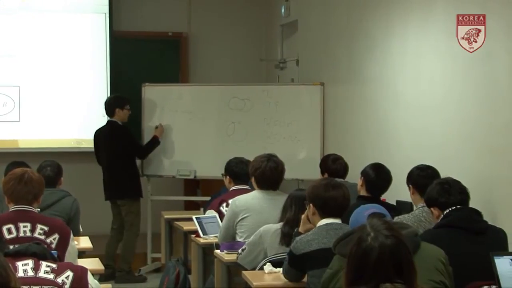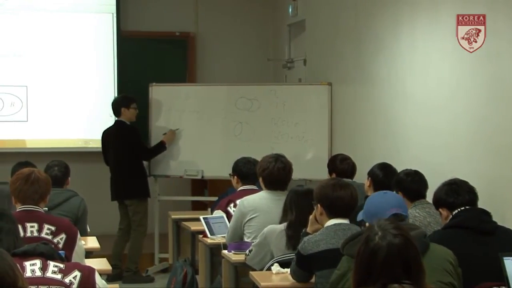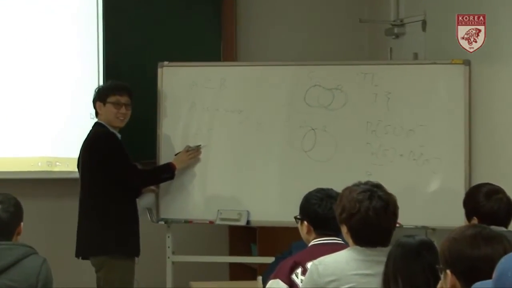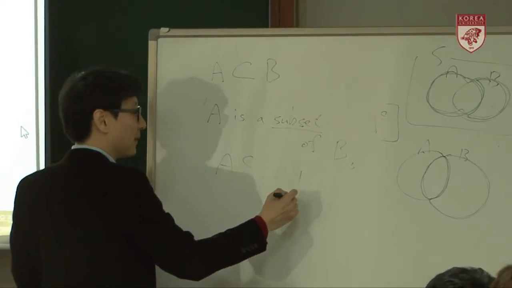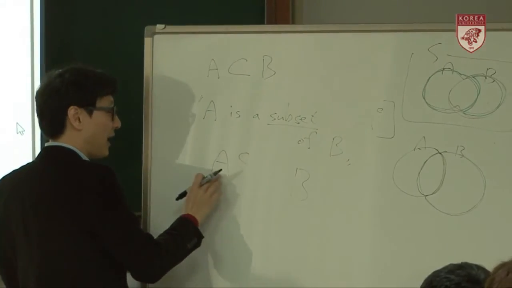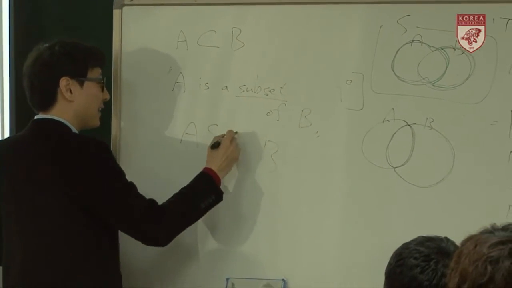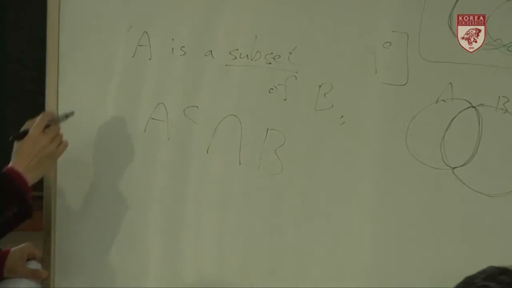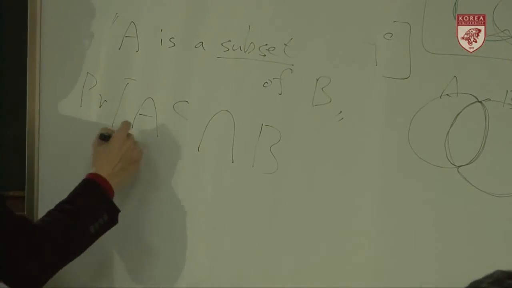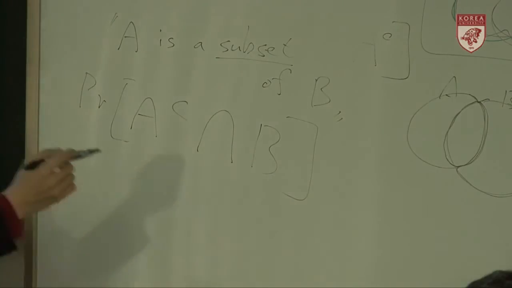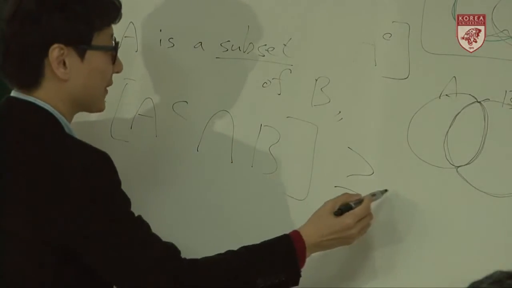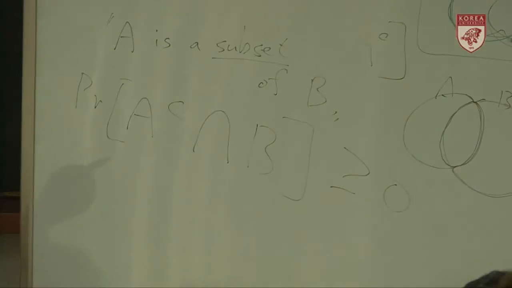A 여집합이랑 There's a complementary of A. B의 교집합이 Intersection between A complementary and B. Probability of this one. This one should be larger than or equal to 0.